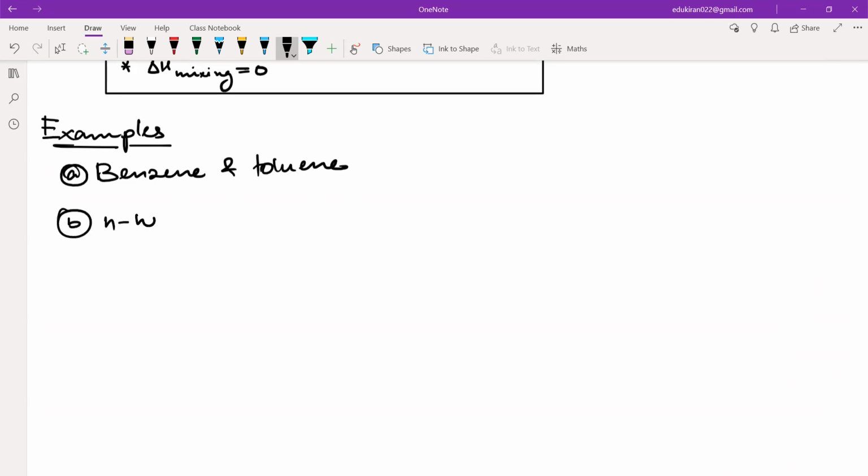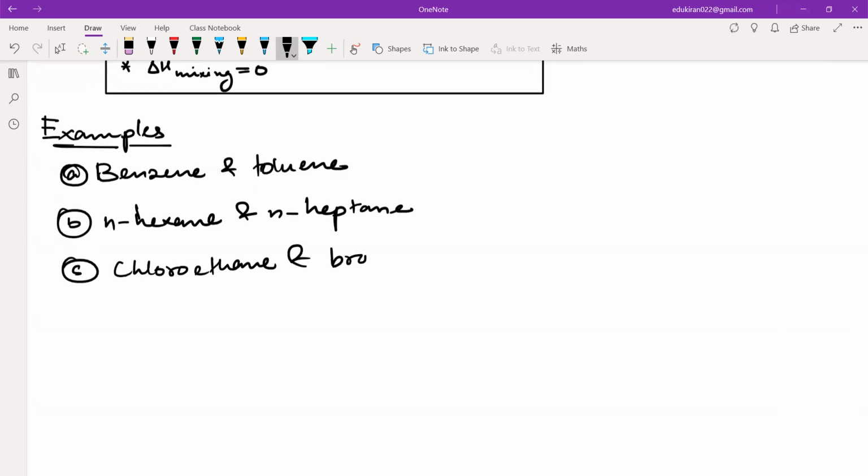And normal hexane and just its successor, normal heptane. So heptane and hexane, both of these will form an ideal solution. You will not see much change here. Okay, you will not see much change. Similarly, you can have chloroethane and bromoethane. So if you mix these two also, then you'll be getting an ideal solution.